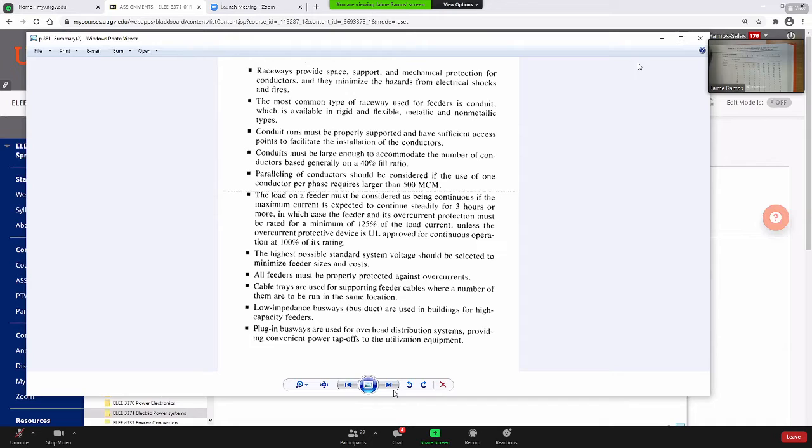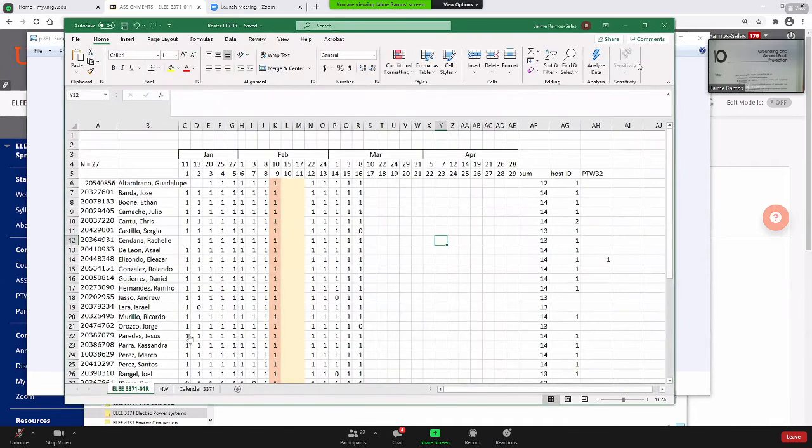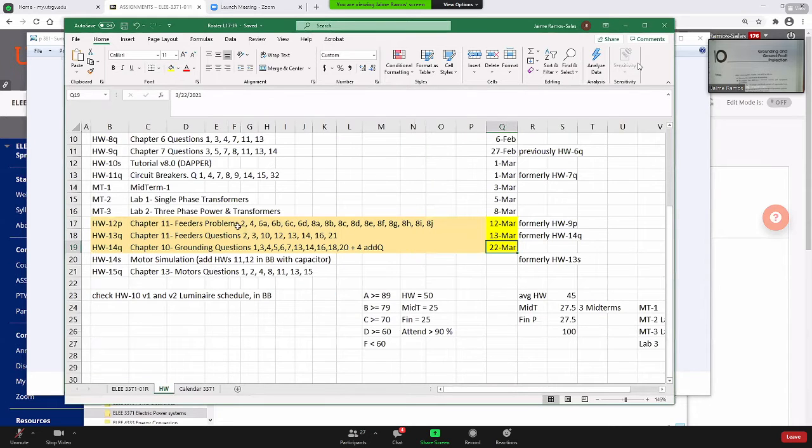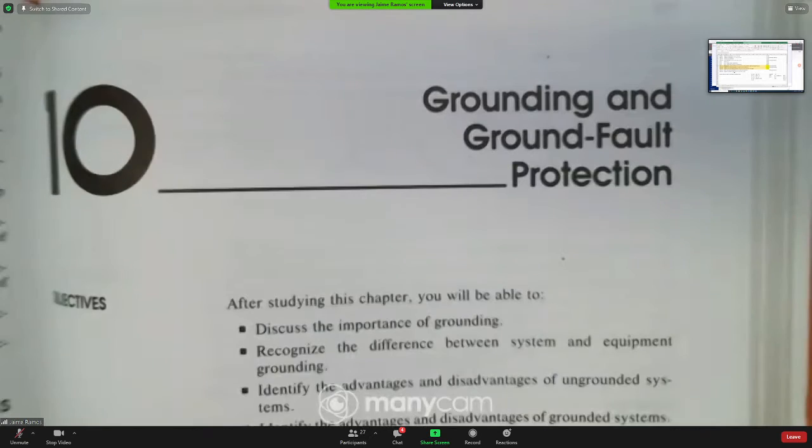So next I want to go back to chapter 10. Do you have questions? This is what we have discussed for this homework, okay? For homework 12P, you have problem 8 and problem 6.